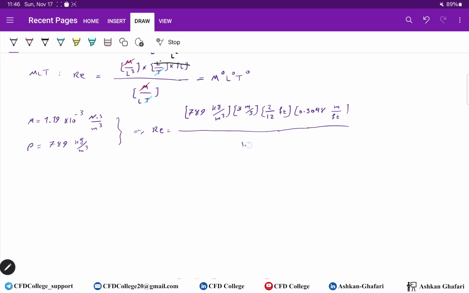The viscosity is 1.19 times 10 to the minus 3 Newton second per square meter.